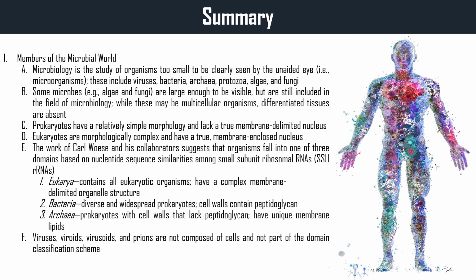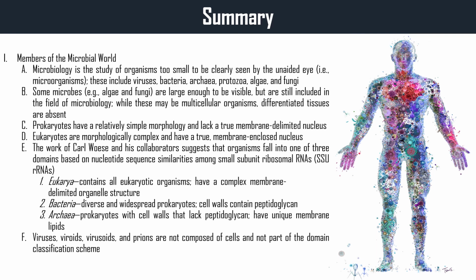Then we said that prokaryotes have a relatively simple morphology and lack a true membrane-delimited nucleus, while eukaryotes are morphologically complex and have a true membrane-enclosed nucleus. The work of Carl Woese and his collaborators suggested that organisms fall into one of three domains based on nucleotide sequence similarities among small subunit ribosomal RNA, which are eukarya, bacteria, and archaea.